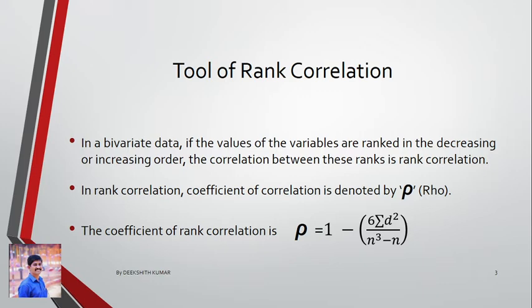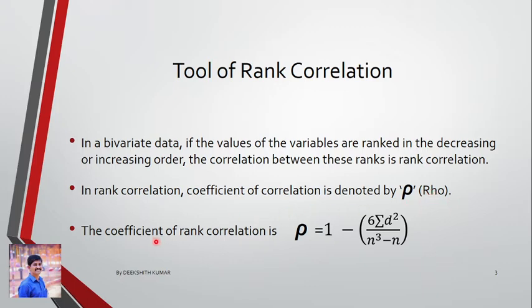The coefficient of correlation computed for these ranks is called Spearman's coefficient of rank correlation. It is denoted by the symbol shown here, called rho.